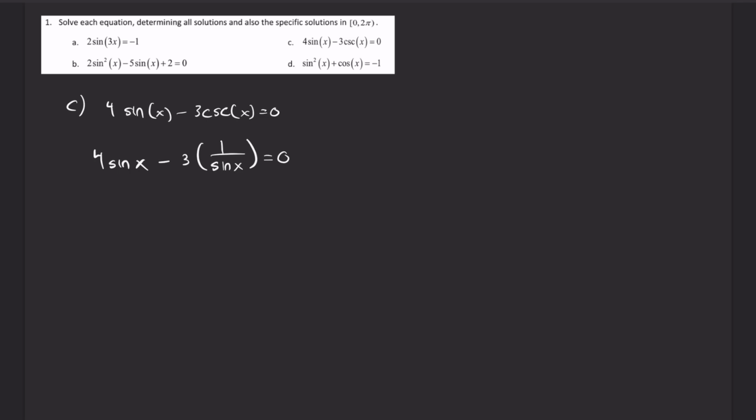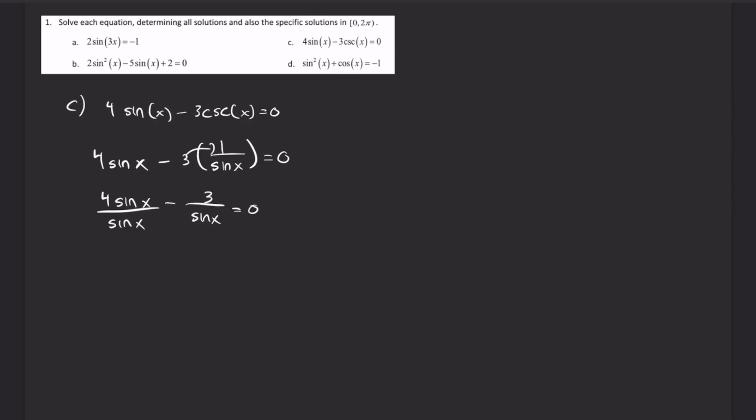And now if we multiply this 3 up to here, we'll have 4 sine x minus 3 over sine x. Now, let's add these two together. However, we need common denominators.